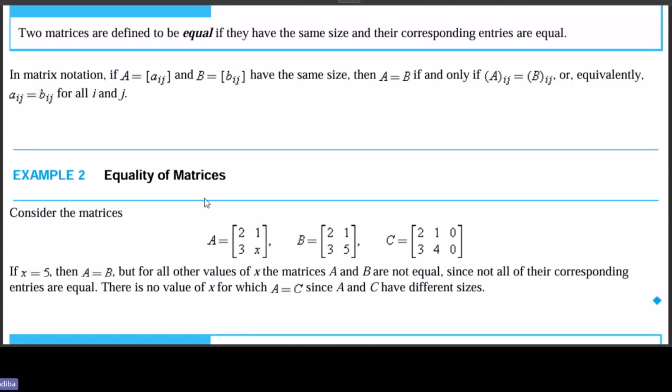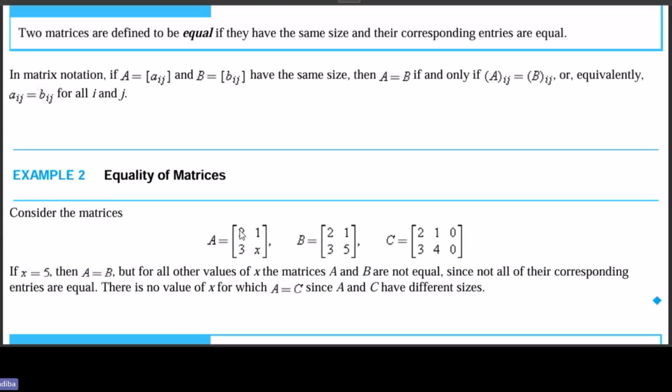Equality of matrices. Now, let's consider these two matrices, matrix A and matrix B. If we are saying matrix A equals matrix B, then remember, they will have to be of the same size and the entries be identical.